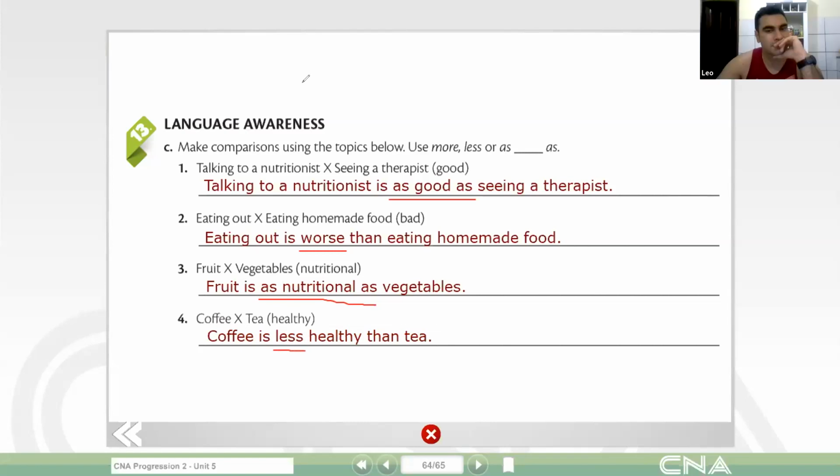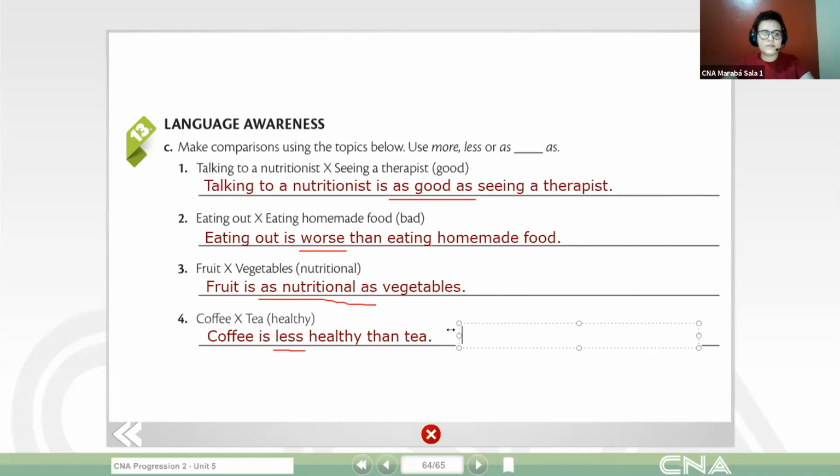If this was a comparative for more, then it would be coffee is healthier than tea. But because I used the other direction, coffee is less healthy than tea. When we use the comparative for less, then we can't use healthier, okay?